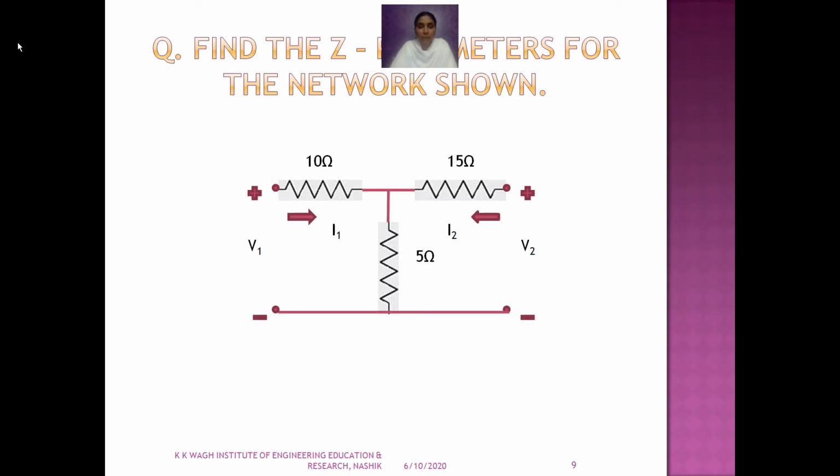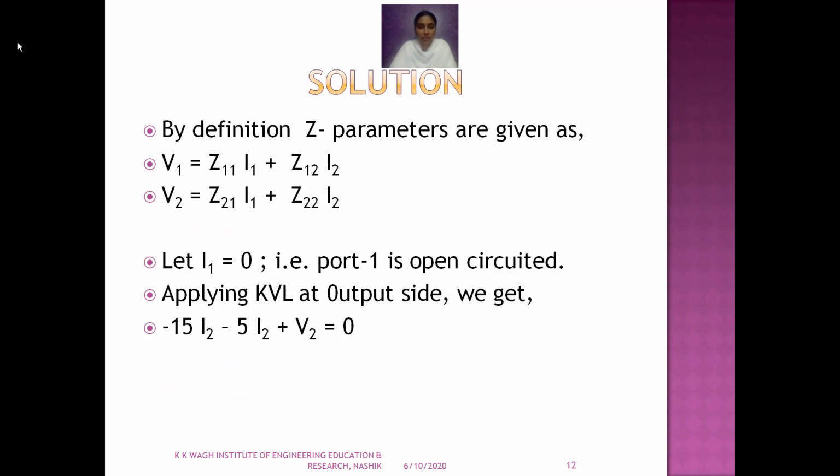Therefore, applying KVL to the right hand loop, I1 is 0, so no current will flow through the 10 ohm resistor. Applying KVL to the right hand loop, we get the equation minus 15 I2 minus 5 I2 plus V2 is equal to 0.